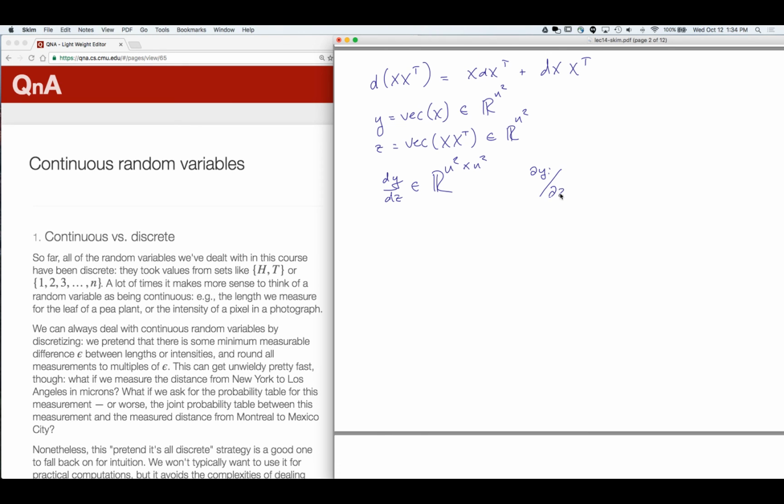The other way that you could do it is to ask what is partial y i with respect to z j. Again, I'm not going to try and write that out because it's a pain. You are almost guaranteed to mess up indices if you try and derive this, and it's got lots of annoying summations all over the place. Actually, if you're going to do it this way, it's probably better to ask what is the derivative of x transpose sub ij with respect to x sub kl.